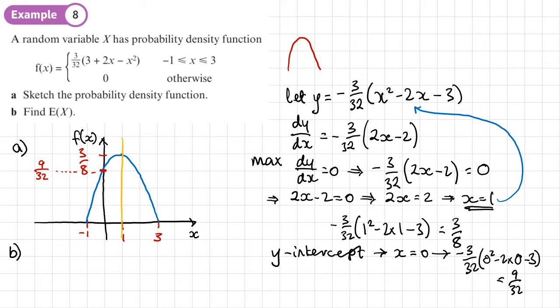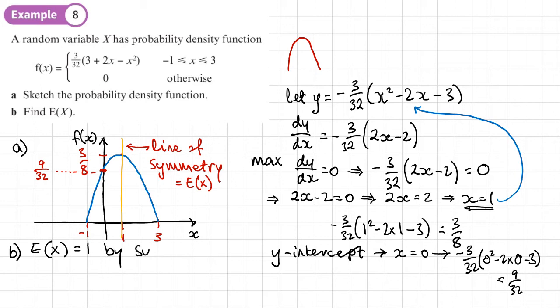That's a line of symmetry. Wherever the graph of f of x has a line of symmetry, that's where the mean is. That will save time. So we can say E of x equals 1, and we can just write by symmetry.